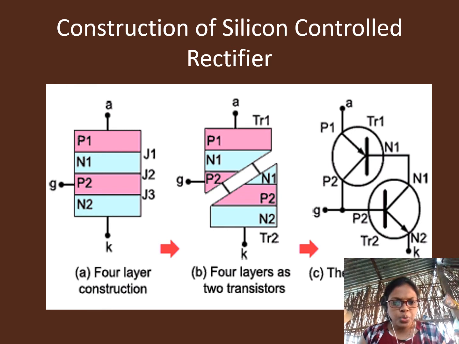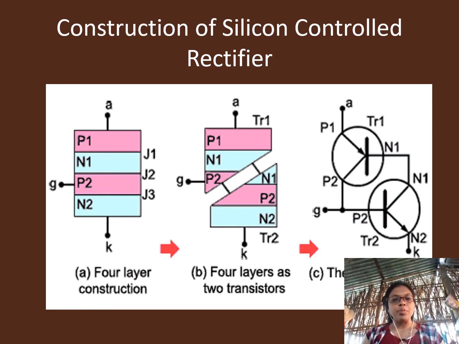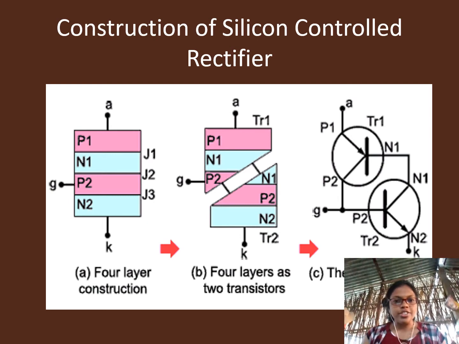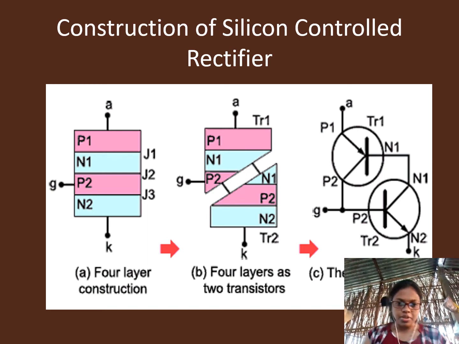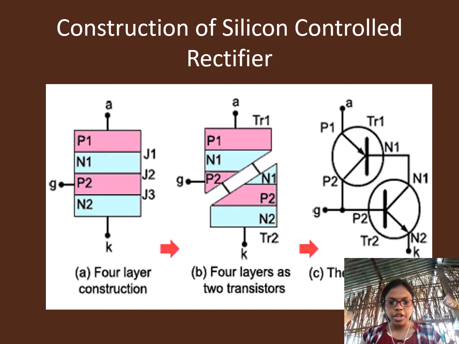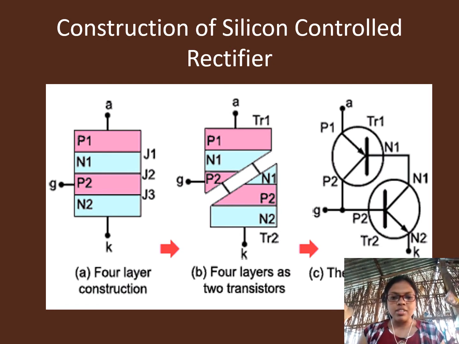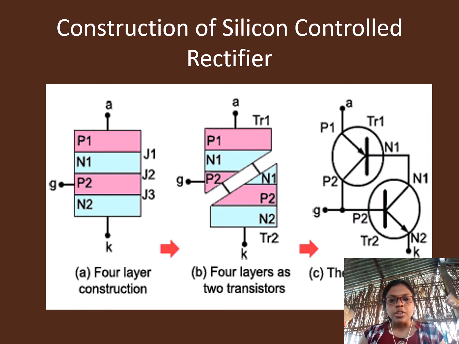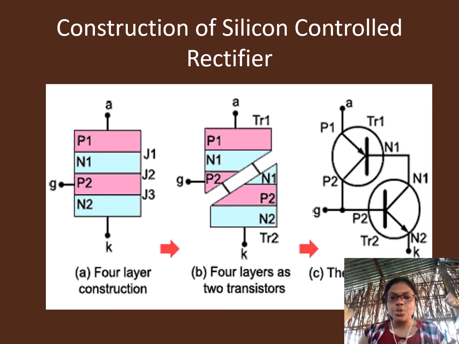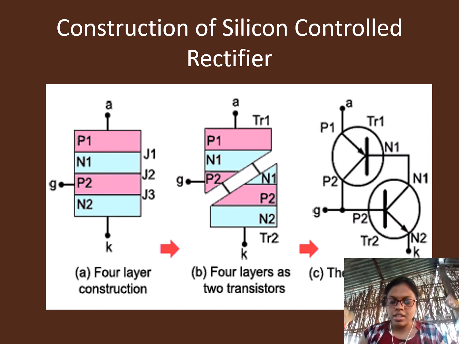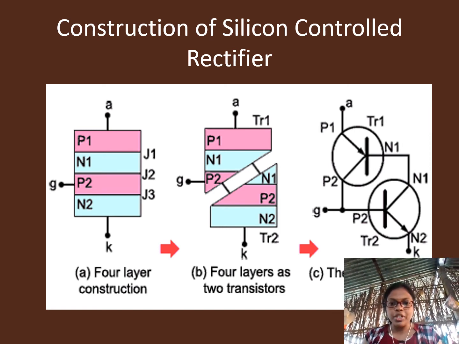As we use P and N type semiconductor materials, the junctions formed between them are J1, J2 and J3. If we cut this construction of SCR into two parts, you can visualize this diagram as two transistors connected back to back, which is shown in figure C.